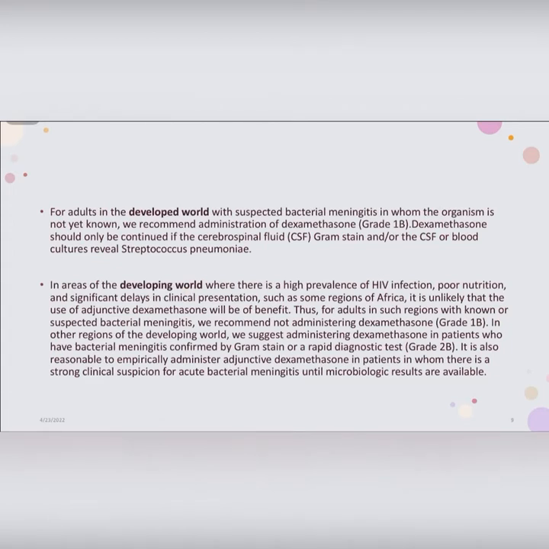For the developed world and adults with suspected bacterial meningitis, the organism is still not known, but we can recommend administration of dexamethasone. But we have to note here that dexamethasone should only be continued if the CSF Gram stain or CSF blood culture reveals Streptococcus pneumoniae.